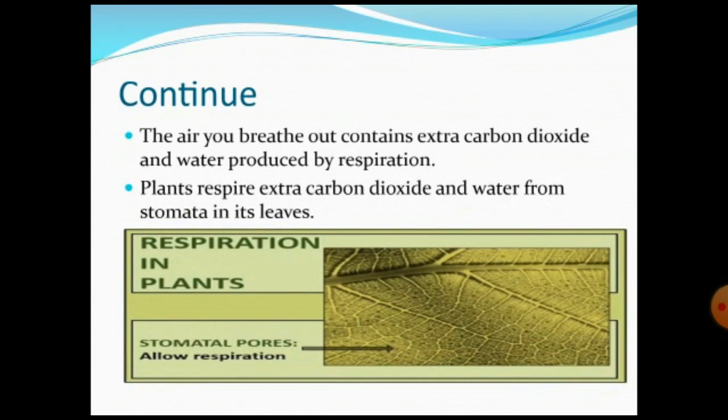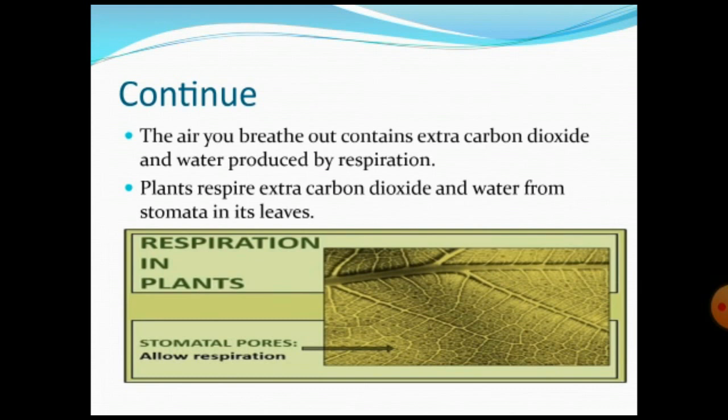Now what happens in plants? How do plants get rid of this carbon dioxide and water? Plants release carbon dioxide and water from stomata in their leaves. When plants respire, the carbon dioxide and water, which are the waste products of respiration, come out through the stomata in the leaves.